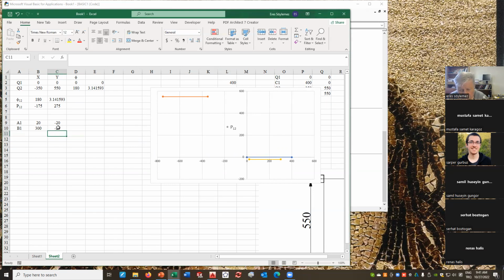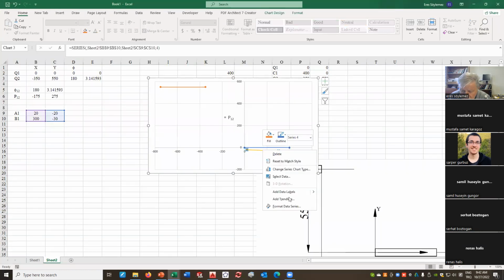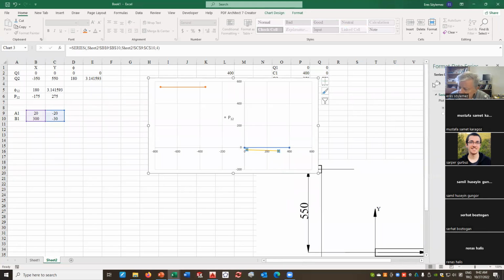Okay, minus 20. If you want, I'll make it minus 30. One other thing I'll do is format data series. I'll make the color of those two black. If you want, you can increase the thickness.